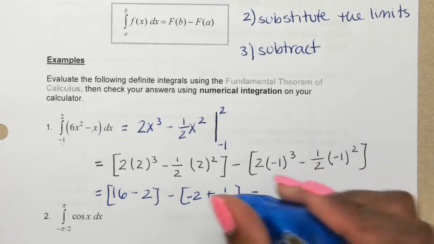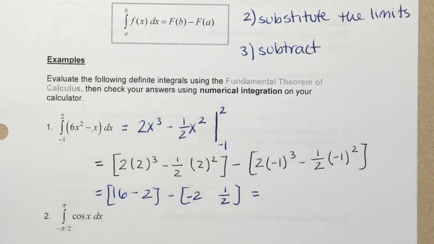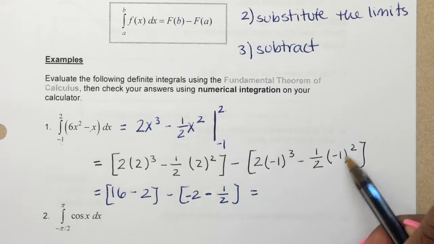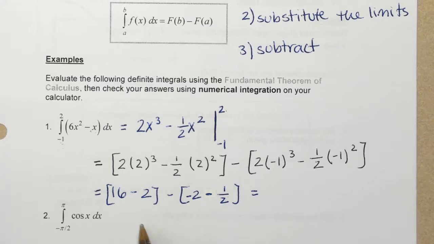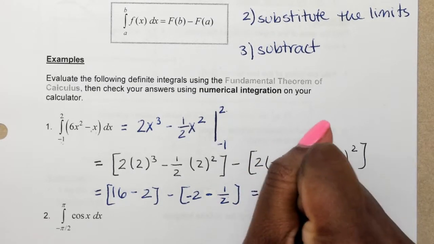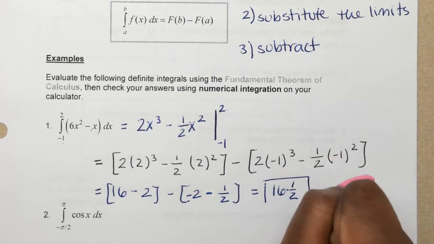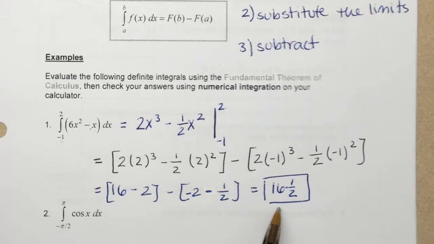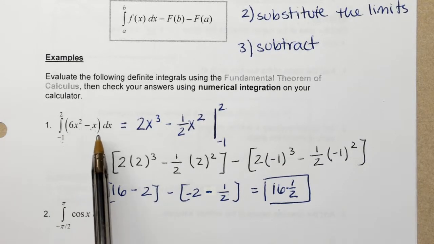Sorry about that, minor sign error. This should be negative. -1 squared is 1, so this should still be negative. So now when we subtract everything, we get 16.5. So that is the solution for the integral from -1 to 2 of 6x squared minus x dx.